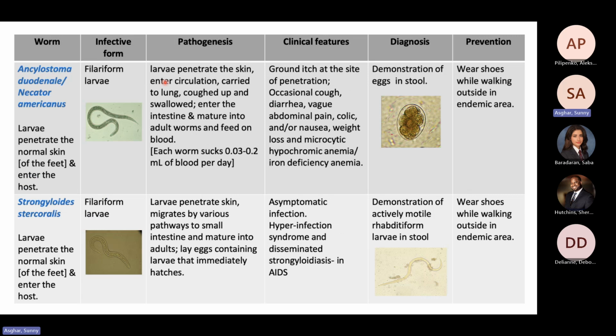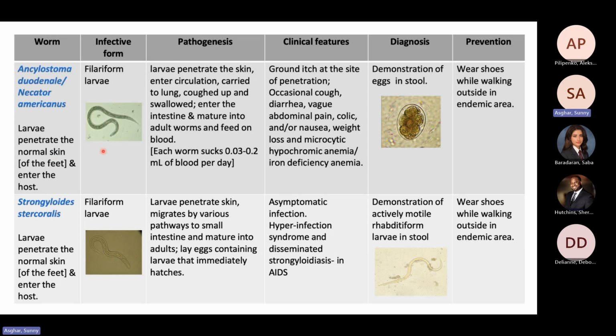And then next we have Ancylostoma and Necator americanus, which are, wait, am I reading? Filariform larvae. So the way that this works is that it's going to penetrate the skin of the feet. Usually what will happen is that you're walking in a sandy area.